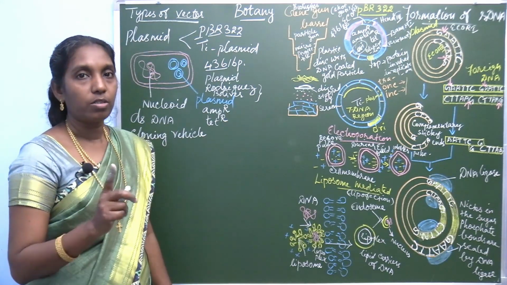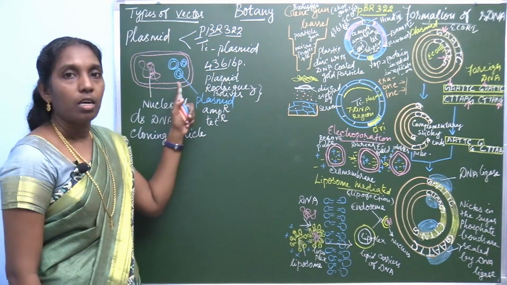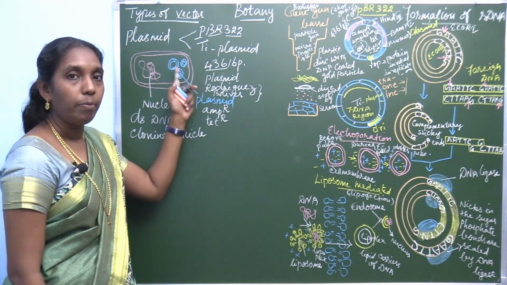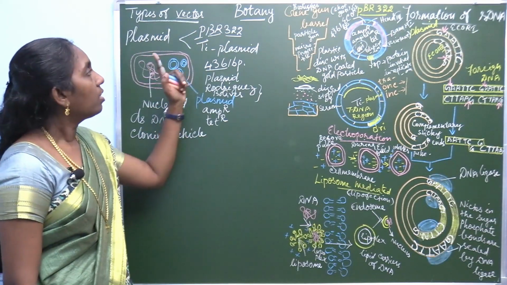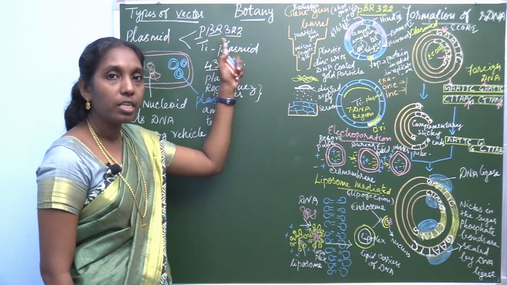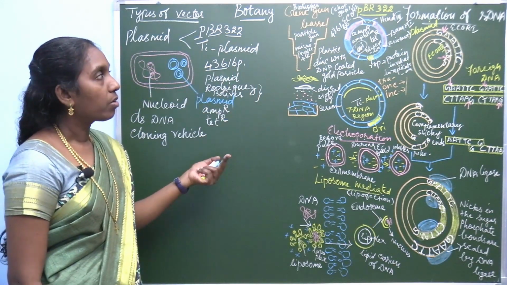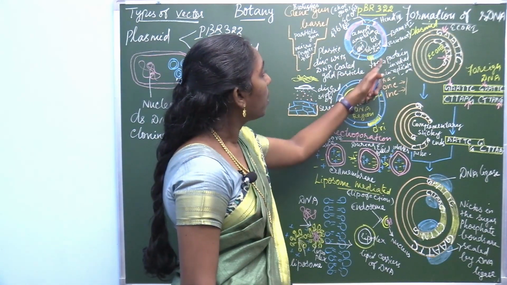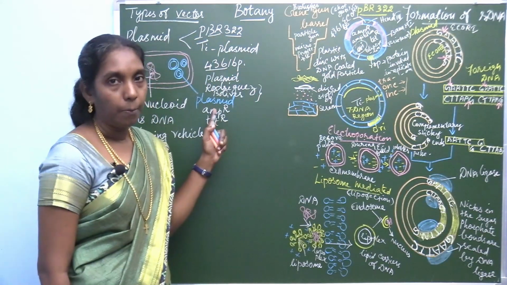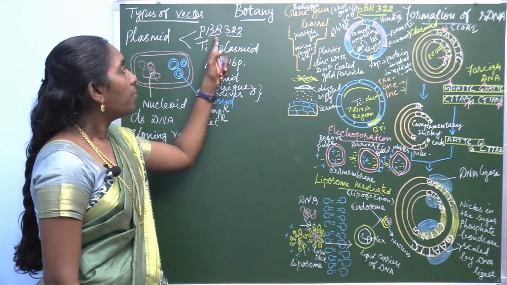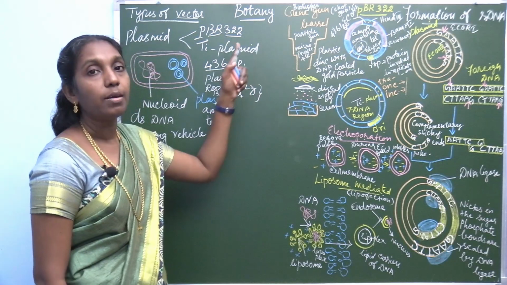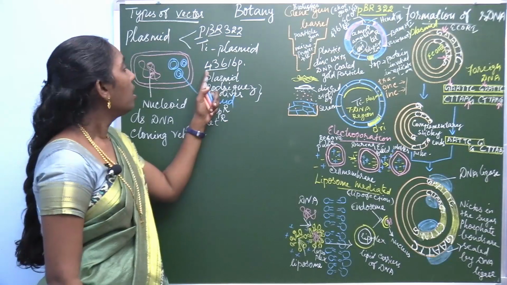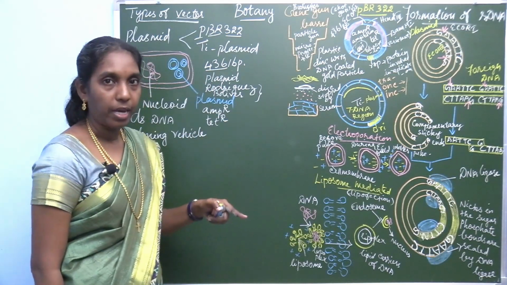So, first, what are plasmids? Plasmids are present in bacteria. Here is the plasmid PBr322. If they ask a 3-mark or 2-mark question, draw this diagram neatly, label all the parts and write about each and every part. PBr322 is a reconstructed plasmid which contains 4,361 base pairs.